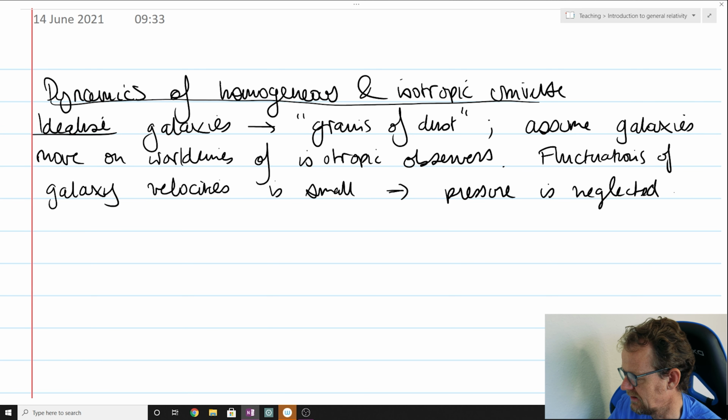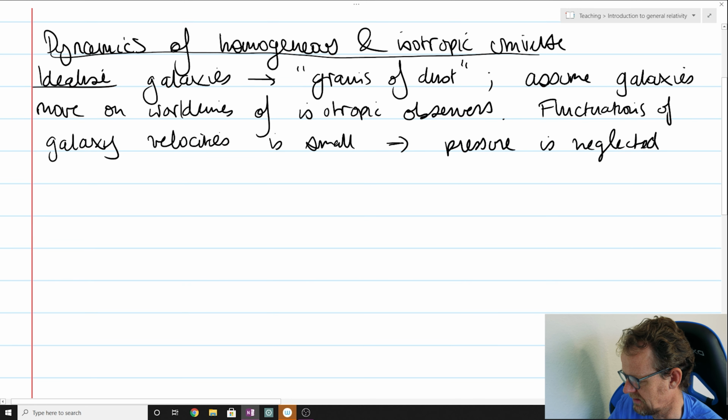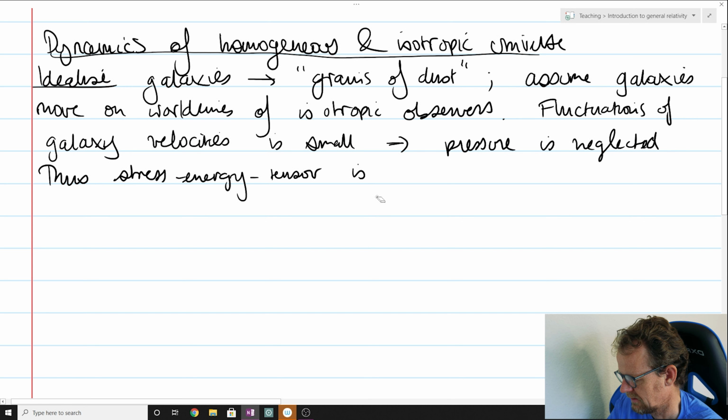And in that sense it's pretty easy to write down the stress energy tensor. The stress energy tensor is that of just a homogeneous uniform gas of particles with no pressure. So this is just the stress energy tensor of the galaxy, of the matter content, the visible matter content. And it's super simple.